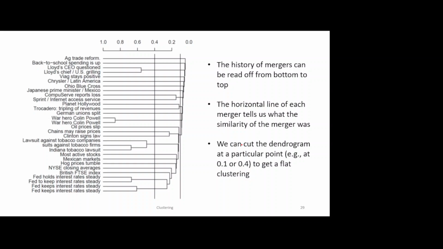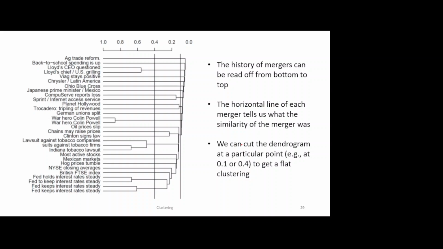Here is the first cluster, the second cluster. Each intersection with the vertical line forms a cluster: 1, 2, 3, 4, 5, 6, 7. You can use it to generate dozens of clusters.